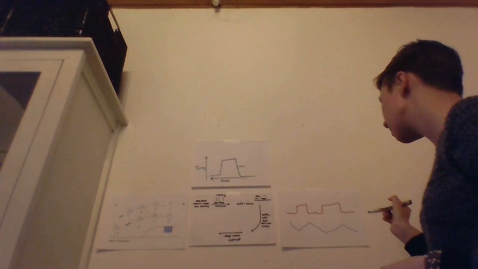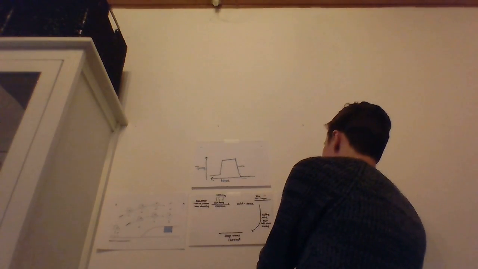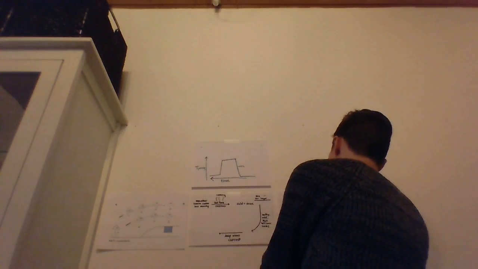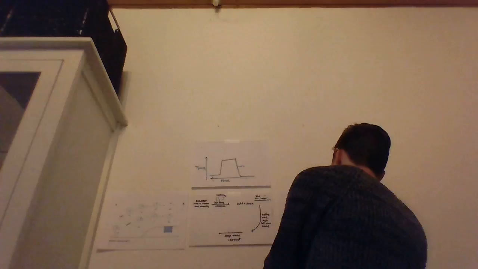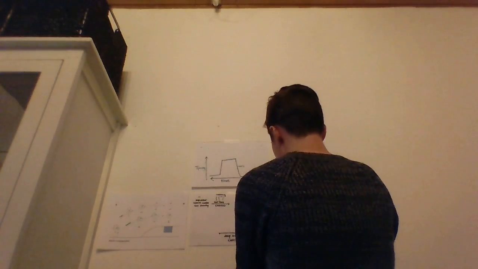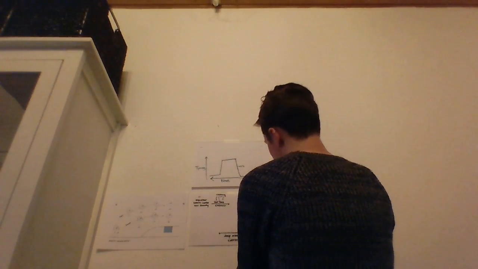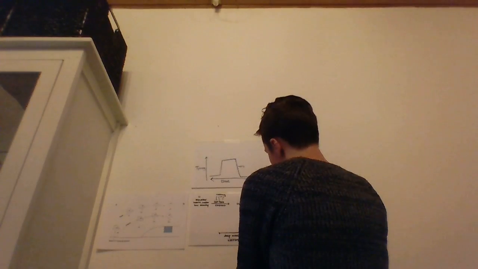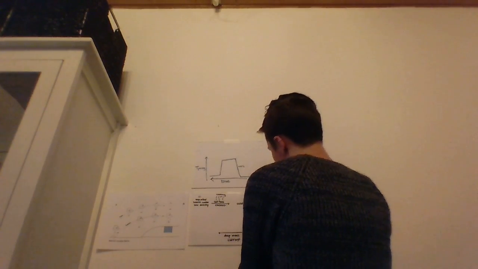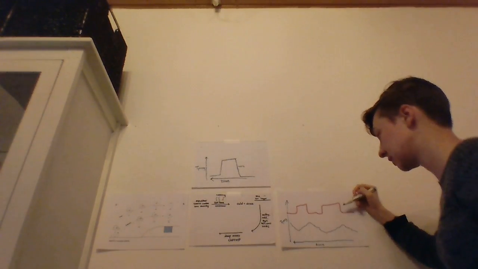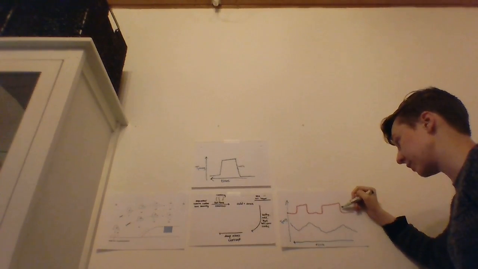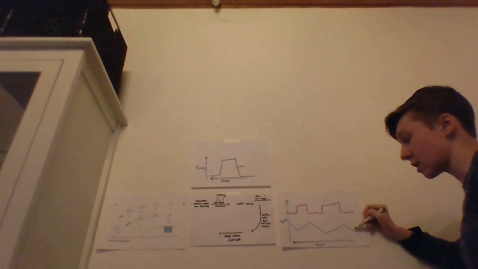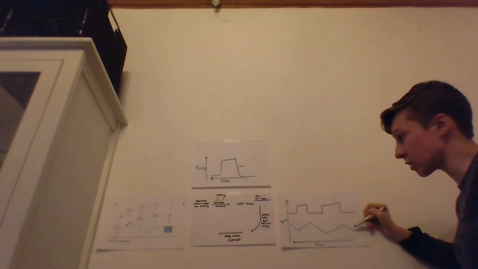So if we have time on this graph going this way towards present, and then a temperature proxy on this side, this would be a record from a Greenland ice core. This would be a record from an Antarctic ice core.